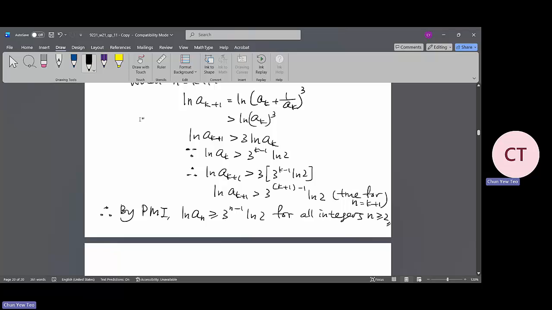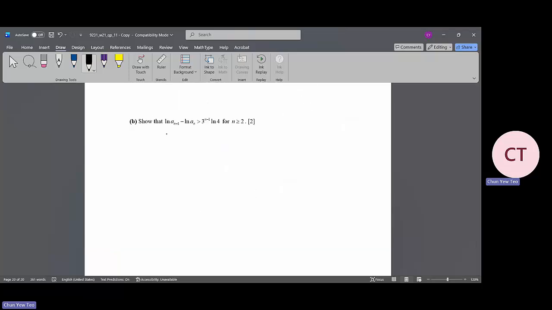So now we want to go for 3 part B. They wanted to show that this is true for n greater or equal to 3. So in the question over here, we need to apply the result in part A. So from the result in part A, we have 3 ln a_(n+1) minus 3 ln a_n is actually 3 ln of a_(n+1) over a_n.